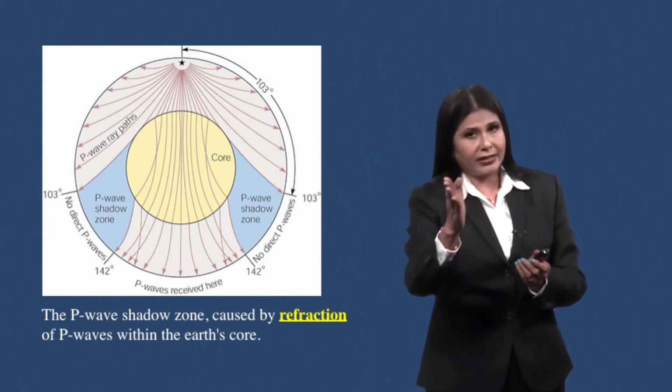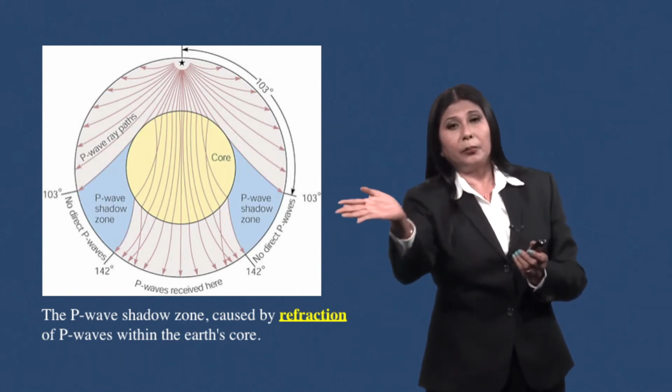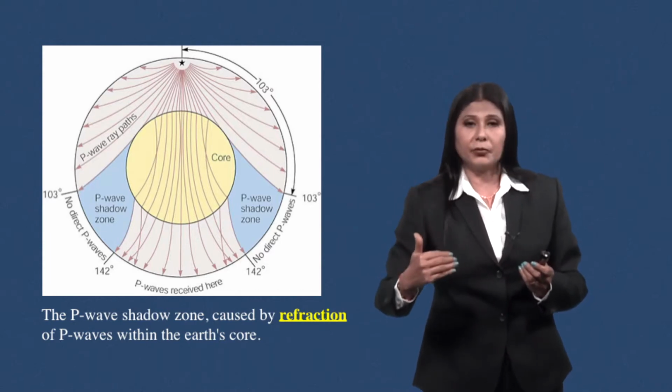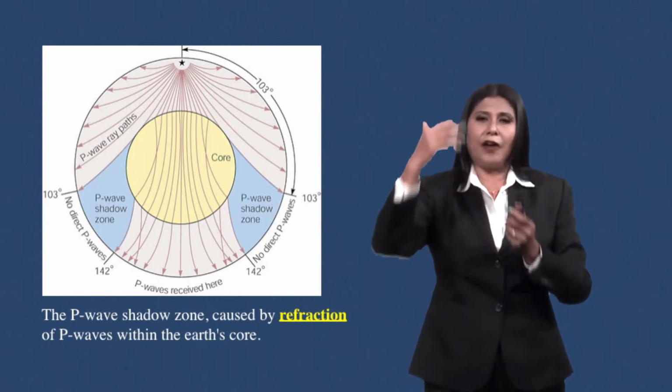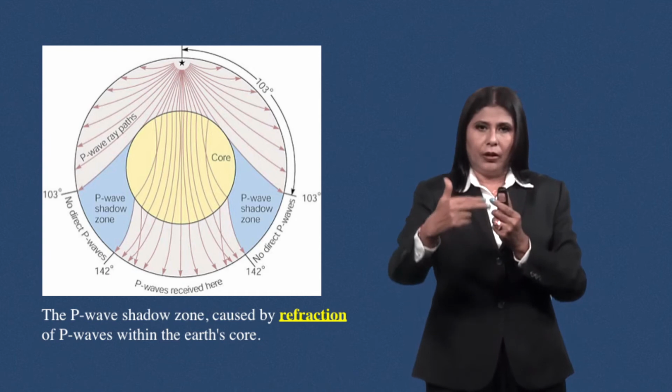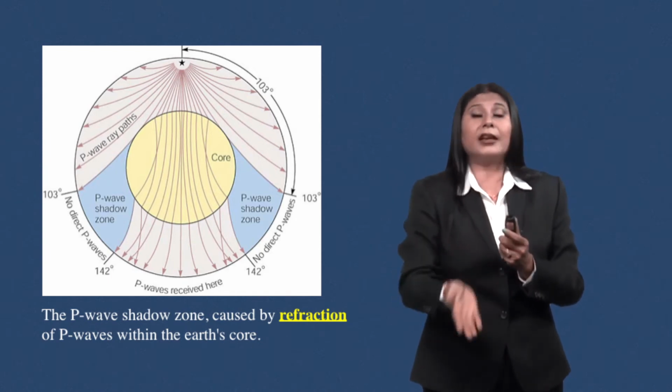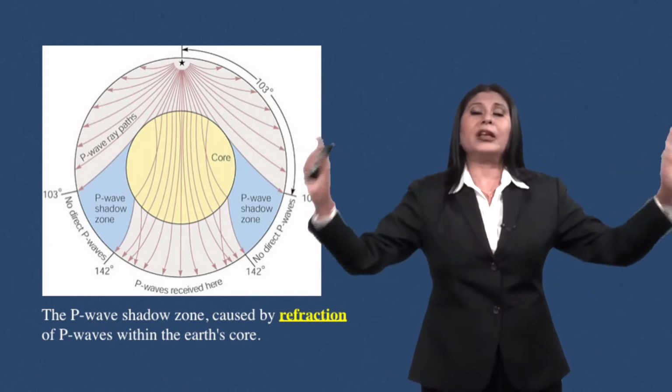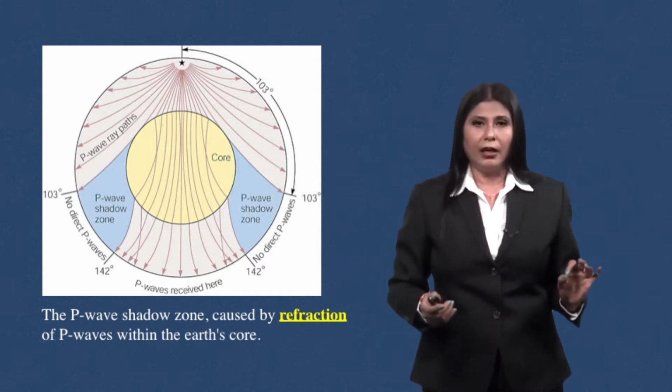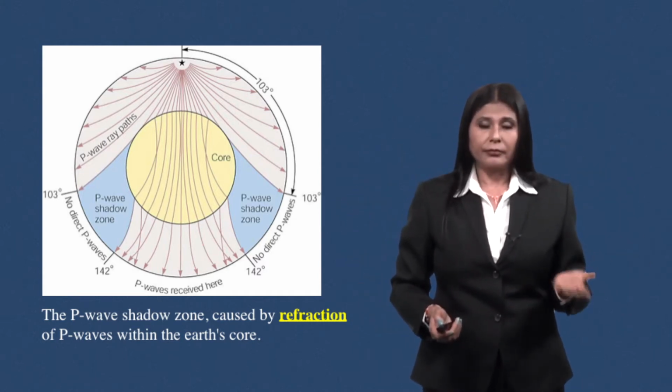It was going straight, and it started bending, and suddenly the velocity becomes slower. After it passes through a few thousand kilometers, it appears again, resuming the same velocity and direction.